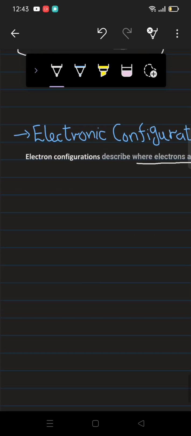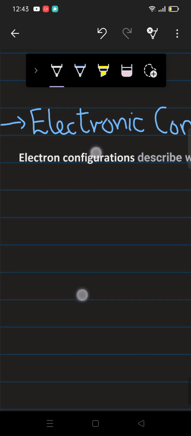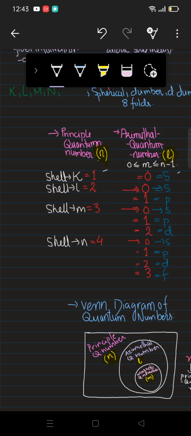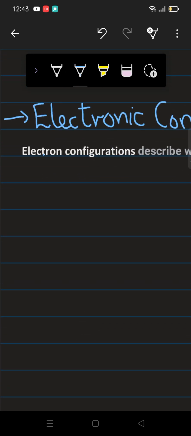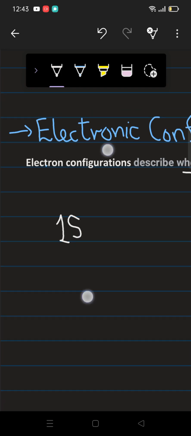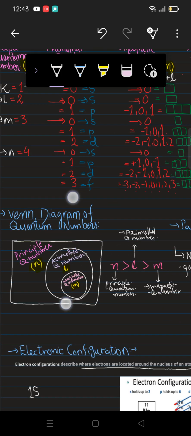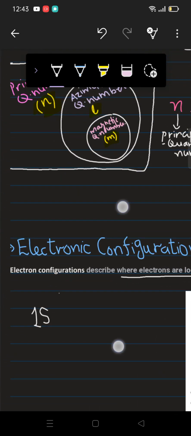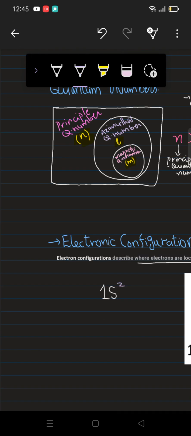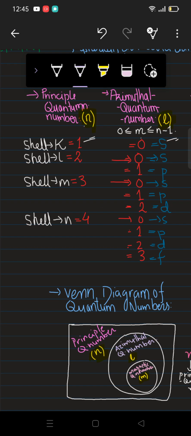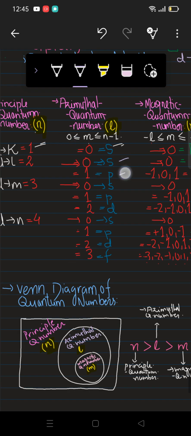Alright, so initially we have 1s. In the first shell we have only s, so we're going to write 1s, and in s we have 2 electrons. Then in the second shell we have s as well as p.